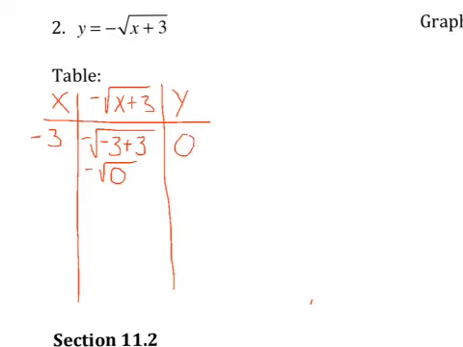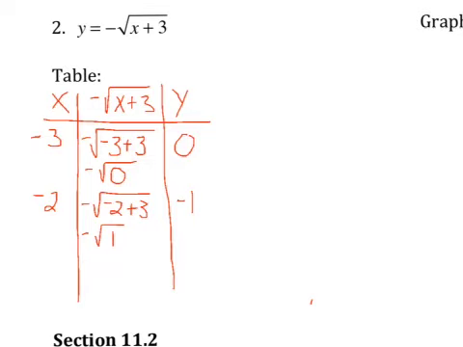The next number I plug in, I want to get a 1 inside the square root, so I'm going to plug in a -2. -2 plus 3 is 1, so we have a 1 inside the square root. The square root of 1 is 1, and then we still need to multiply it by a negative, so we get -1.